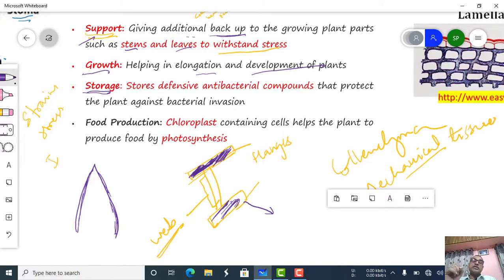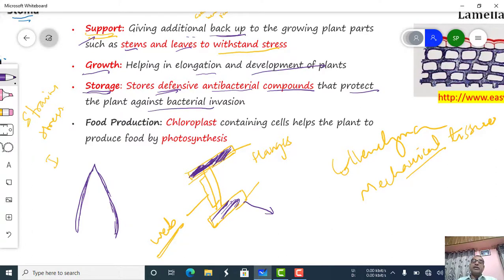So pathogen-toxic substances are stored by the plants in the hypodermal region, in the region of hypodermis. So storage of defensive antibacterial compounds, and not only antibacterial but antifungal compounds are also present in the plants, which protect the plant against bacterial invasion.